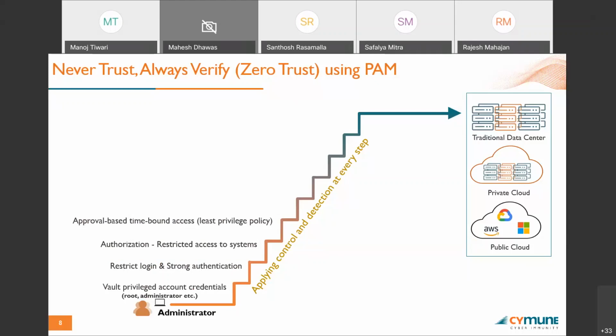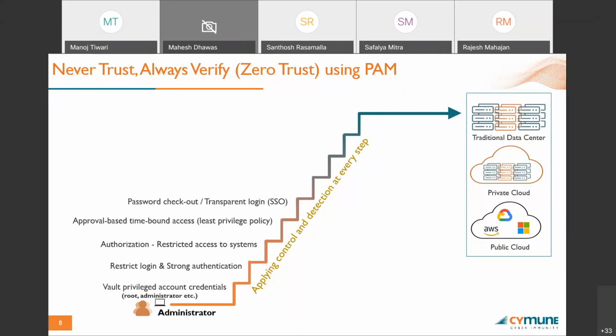Enforce some workflow where he has to request the access, he has to specify the date and time, and he should also specify the reasons why he wants access to the device. So in a way, I'm making sure that I'm not giving access directly to this particular account or to these critical systems 24/7, right? It has to be time bound. So this is where I will apply the least privilege policy.